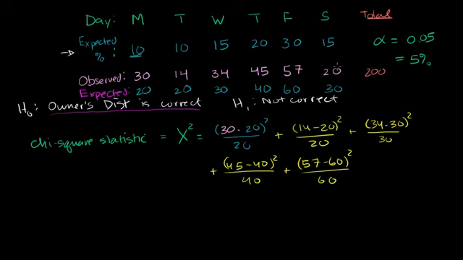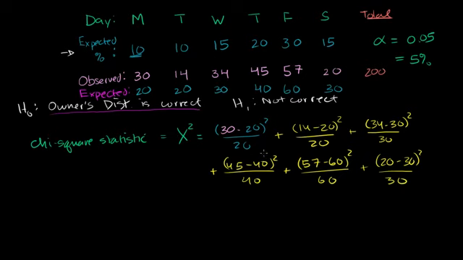And then finally, plus (20 minus 30) squared over 30. I just took the observed minus the expected, squared, over the expected. I took the sum of it. And this is what gives us our chi-square statistic.